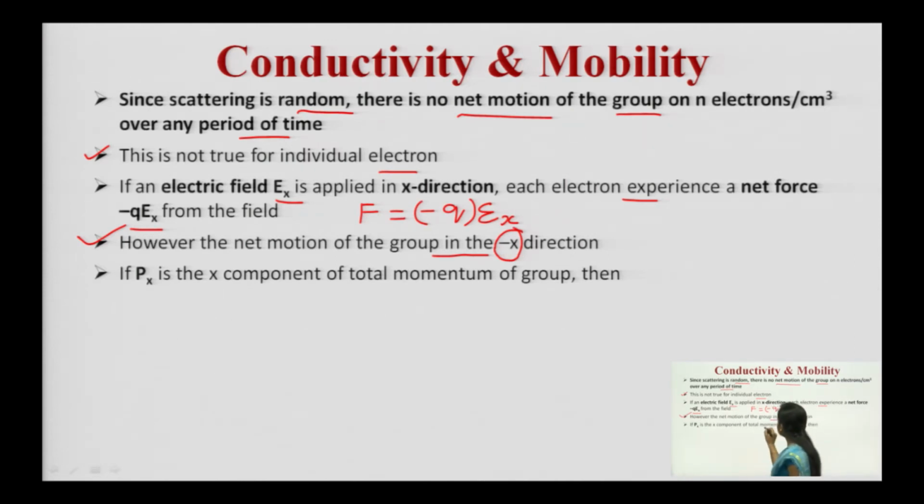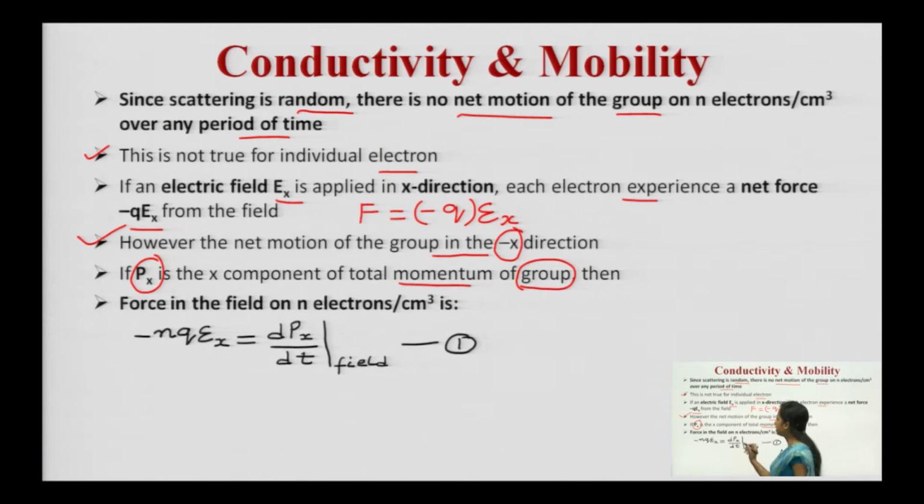And let us talk about the momentum. You know that the momentum is denoted by P. If you are talking about the x component of the momentum, we are talking about px. So px is the x component of the momentum for a particular group. Here we are talking about a group which is moving along the x-axis, and px is the momentum along the x-axis. In this case, the force in the field for n electrons, because here we are talking about a group of n electrons per centimeter cube.